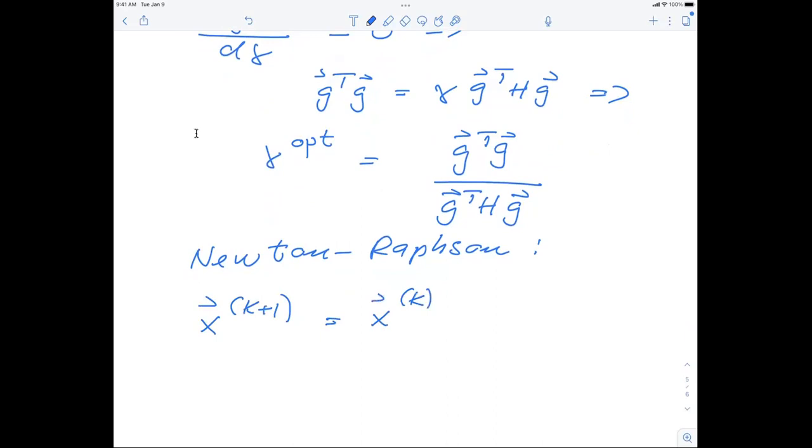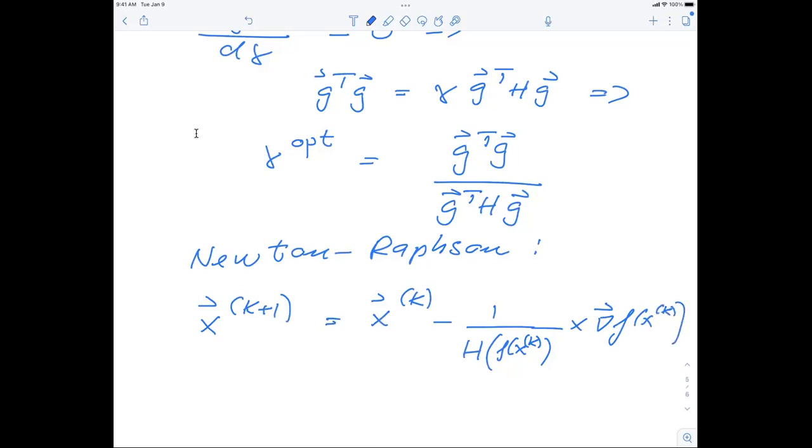When we want to find the gradient to be equal to 0, this is given by minus 1 divided by the Hessian matrix, calculated now at a value x of k, multiplied with the gradient of f of x of k.